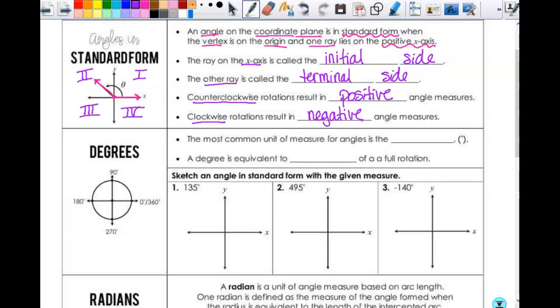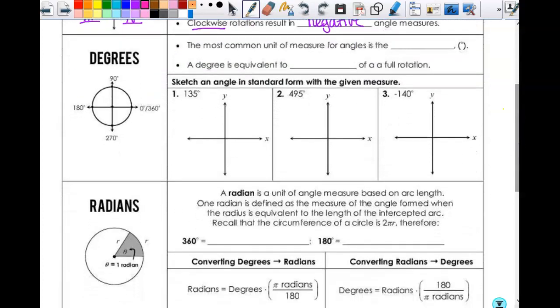So, degrees. The most common unit of measure for angles is the degree. And there's your little degree symbol, right? Before geometry, it's the only way you knew that you could measure angles, was in degrees, right? Then we learned about radians. So with degrees, we're here at 0, 90, 180, 270, 360, right?